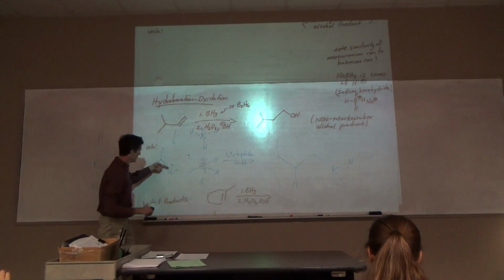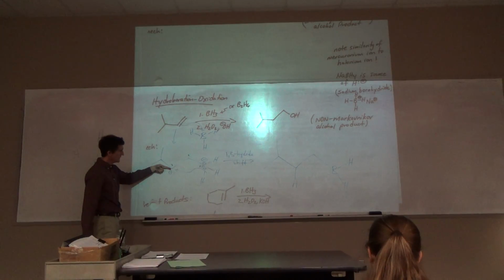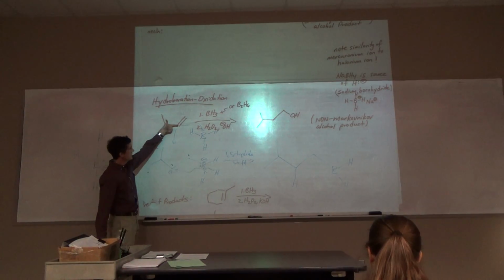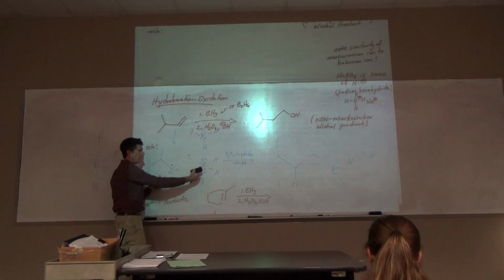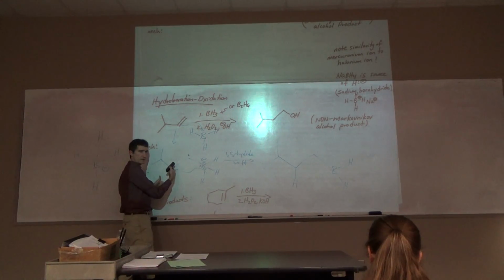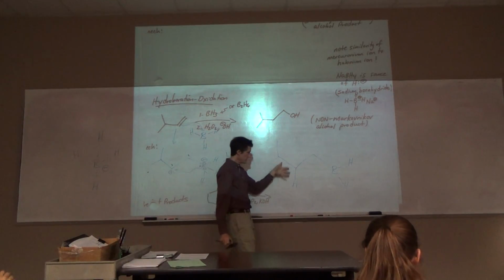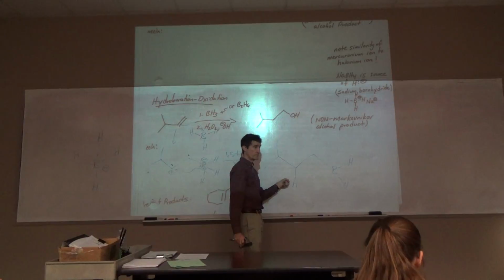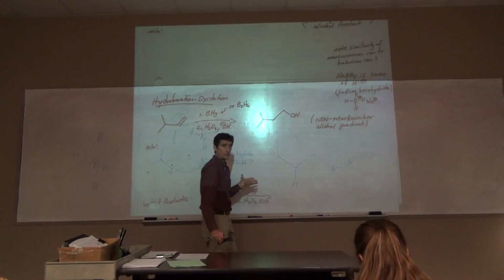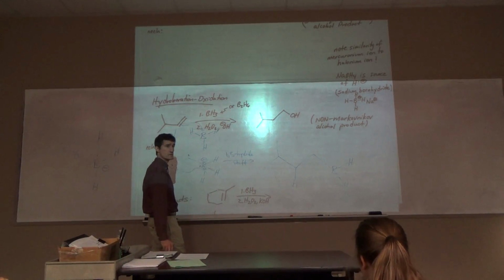How many H's on the carbon there? 1. How many there? 1 H there, 1 H there. But when this one comes over, there's now how many there? There's now 2 there. I only drew in the new one. But that's why it's neutral, because it has 4 bonds. There's 2 H's there.